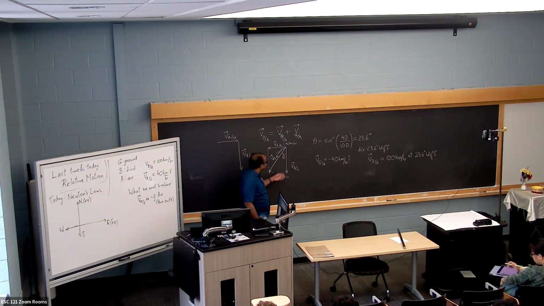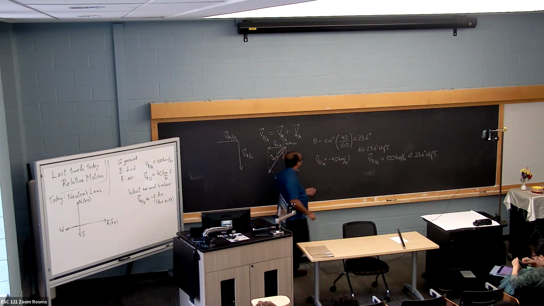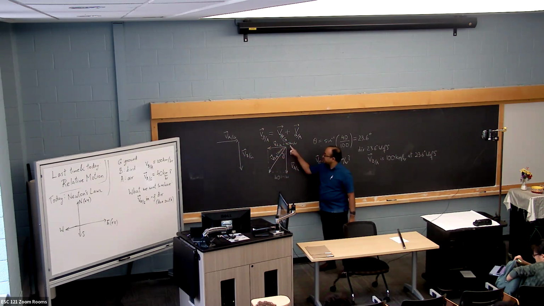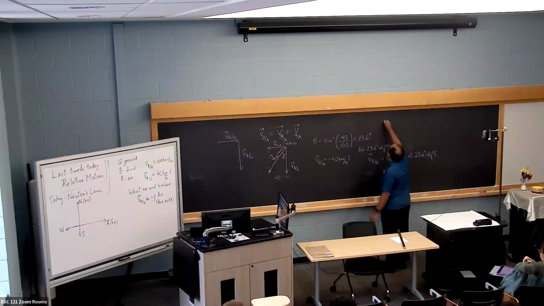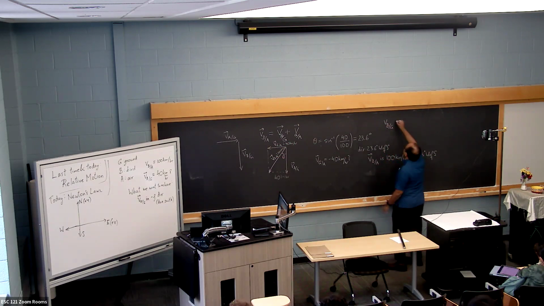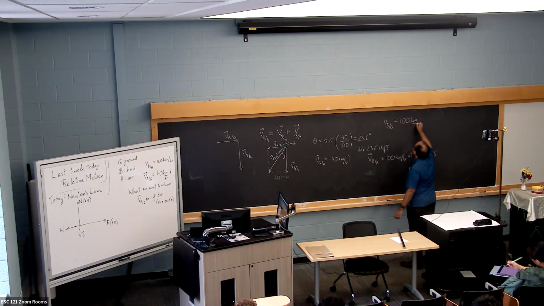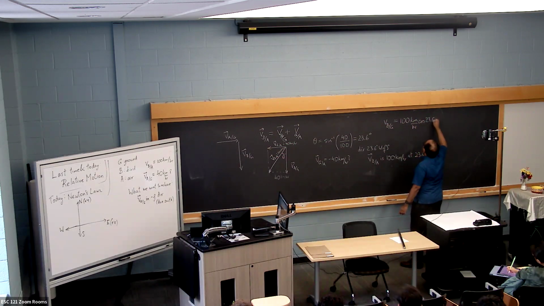If I was doing trig, this is a nice right triangle here, so the speed of the bird with respect to the ground would be 100 kilometers per hour times cosine 23.6 degrees.